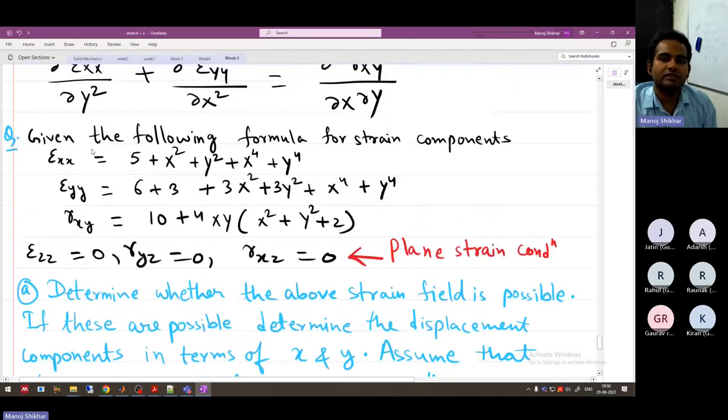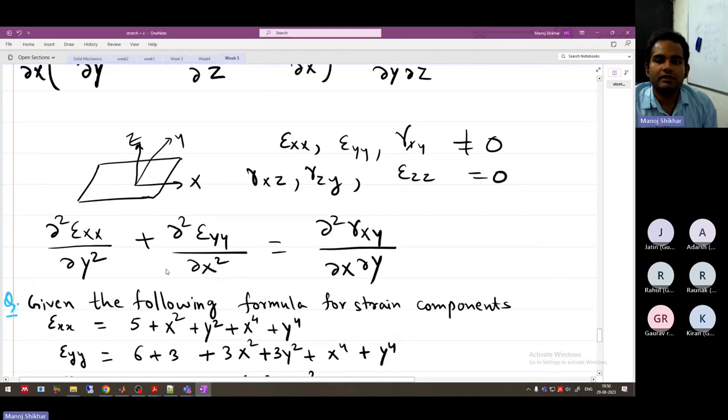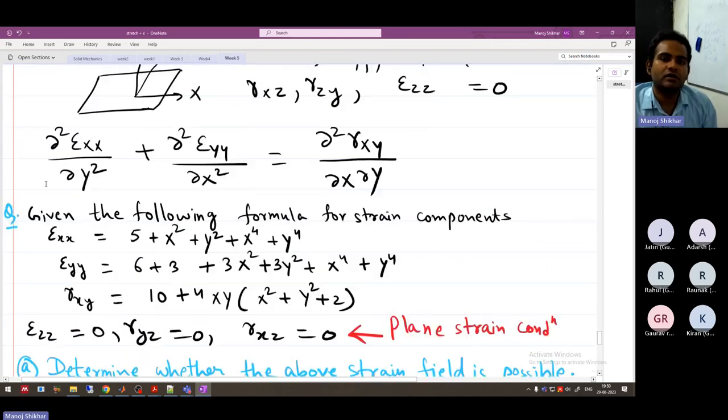Now we substitute these in the compatibility equation and see if LHS equals RHS.